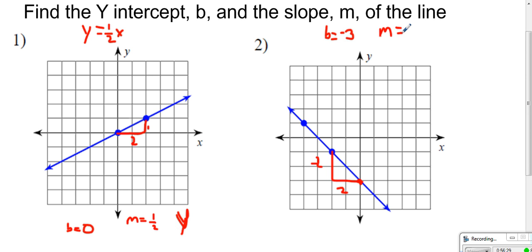So the rise is not a rise at all. It's actually going down. It's -2. Run is 2. So that slope is -1. That looks like a 7. It's pretty good.